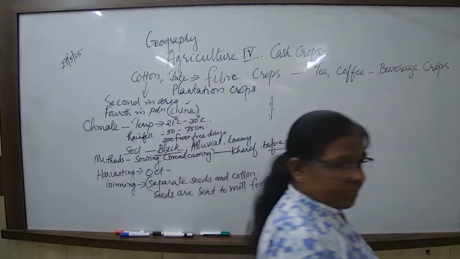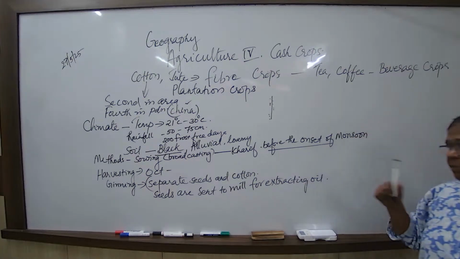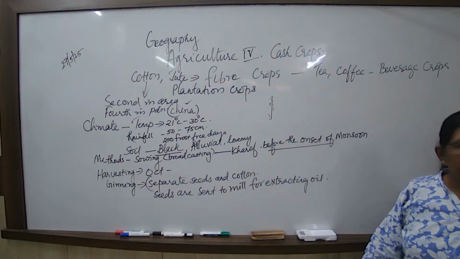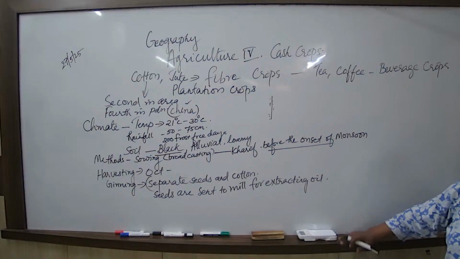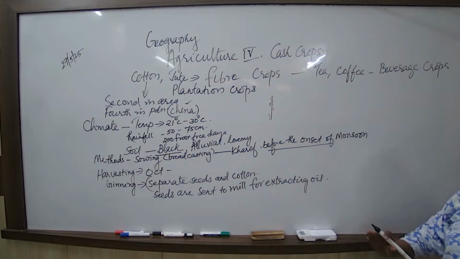Cotton oil is not a cooking oil. This cotton oil can be used for lubricants or other kinds of work. And the oil cake which we get is feed for the cattle.